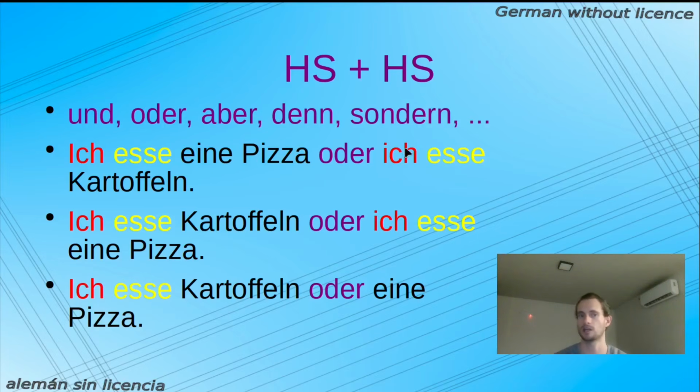You can interchange the order of the clauses. Another aspect would be if you have two times in both clauses the same subject, in this case ich is two times the main character, and the same verb, essen, you don't have to repeat them. Okay, so I could also say ich esse Kartoffeln oder eine Pizza. As in English, it's just mention one option and the other, you don't have to repeat the subject and the verb.